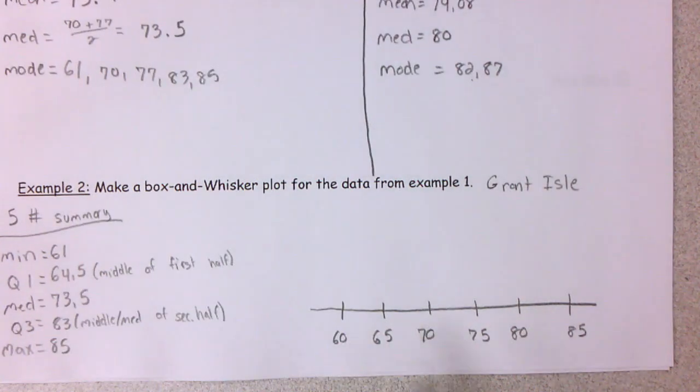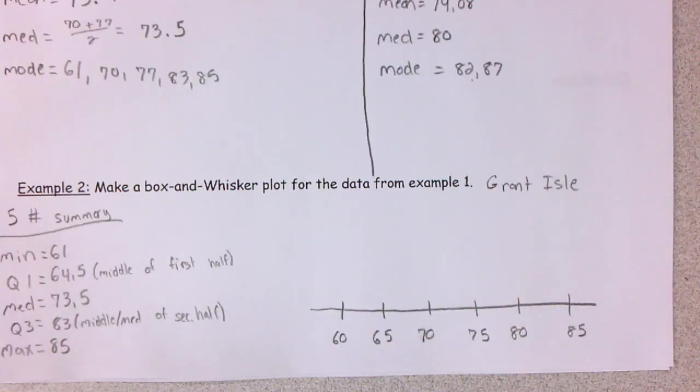Okay, but you always want to put a scale first. I know sometimes in the past maybe you just drew the box and whiskers and just labeled everything, but we need it on a scale because I need to see compared to other things. Like we need to use the same scale and compare them.